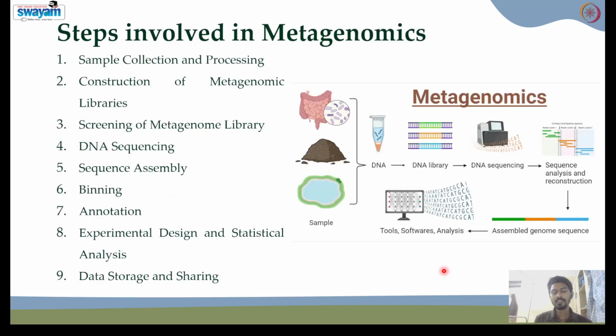And if you see the steps involved, the first step is you will be collecting the sample and processing it. You will be collecting the sample from the environment. As we have seen, we have to collect the sample at a depth of 20 centimeters. In the case of a soil sample, we put it in sterile bags and transport it to the laboratory.